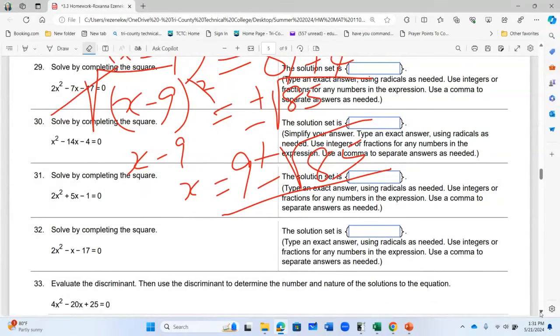Anyway, let's continue. We're going to do 2 more completing the squares. Using completing the square to solve a quadratic equation.